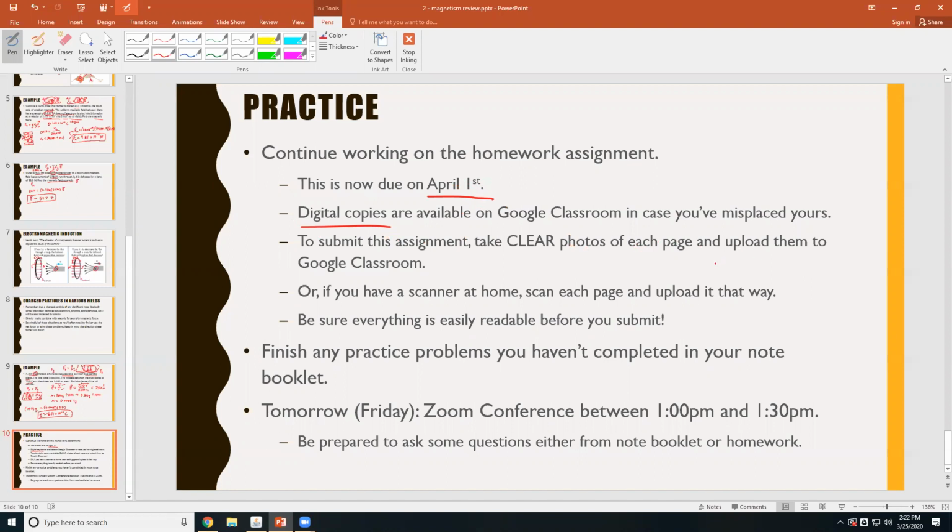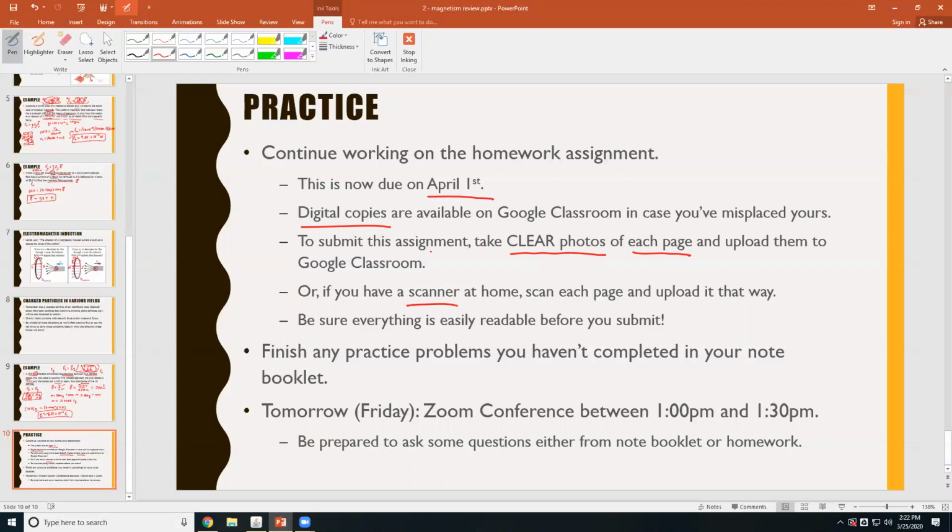To submit this assignment, what I'm going to tell you just for now, because ideally we would want to submit this digitally, take clear photos of each page and then upload them to Google Classroom. So go on where the assignment is posted on Google Classroom and upload each clear photo of each page. Now, if you have a scanner at home, that's probably going to be even easier for you. Just scan each page and then upload it that way.